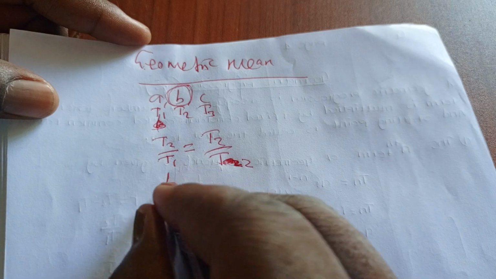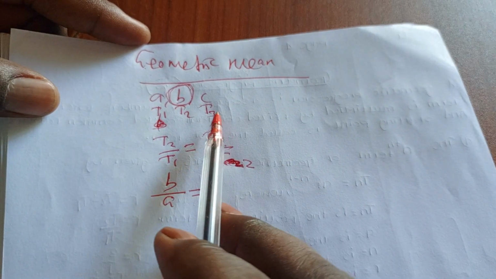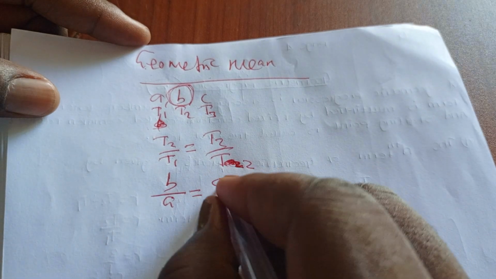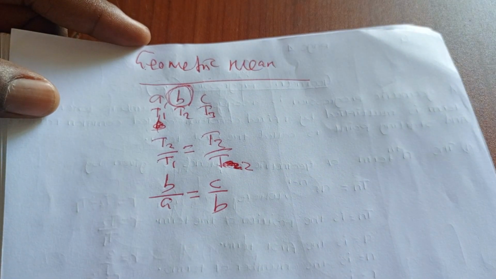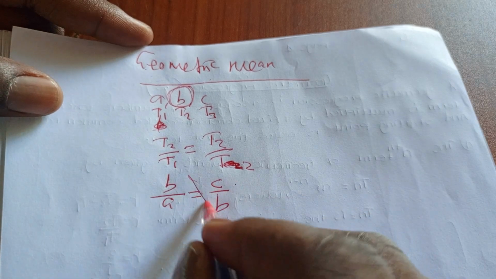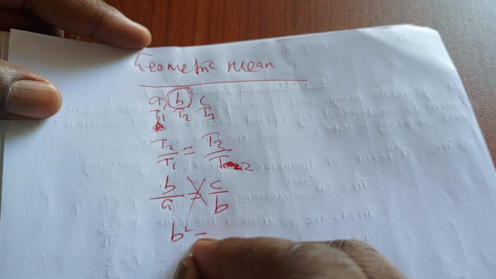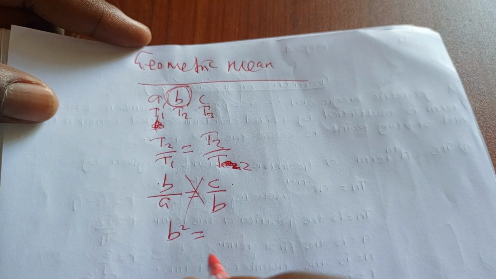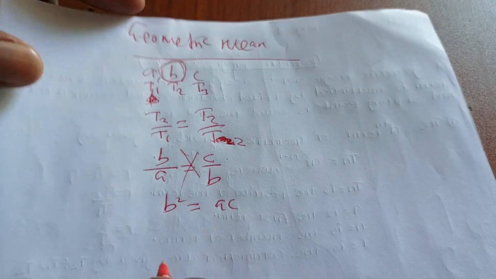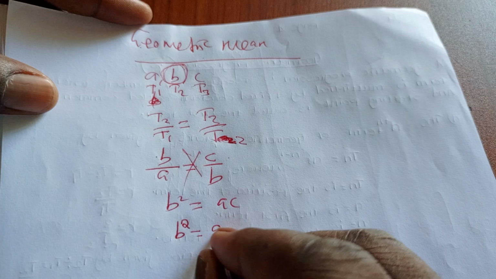So we're going to say b over a is equal to T3, which is c over b again. So we're trying to make b the subject of the formula. So cross multiply here. So b times b, it will be b squared, is equal to a times c, to be ac. So our solution is b squared is equal to ac.